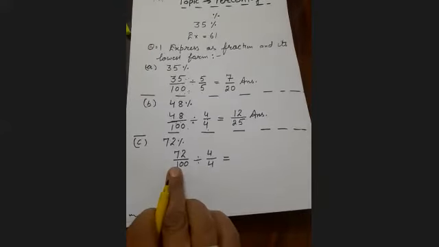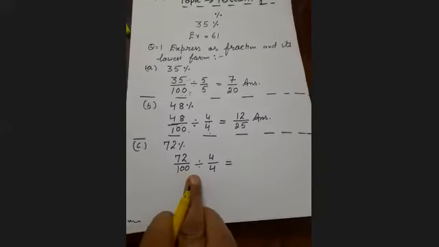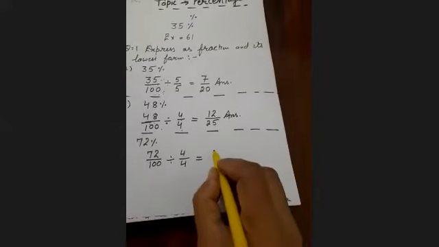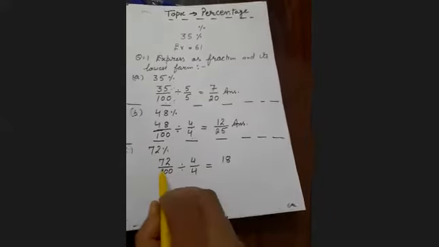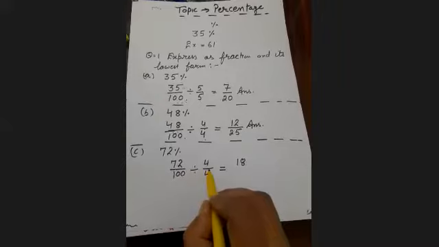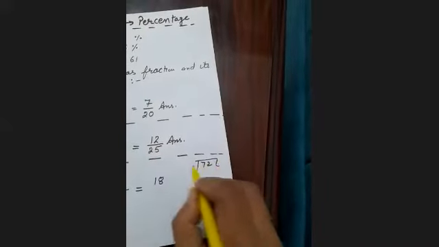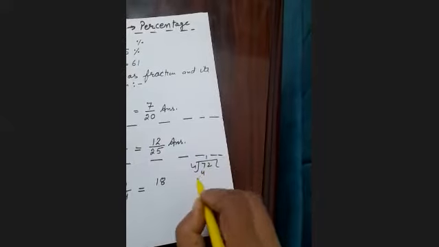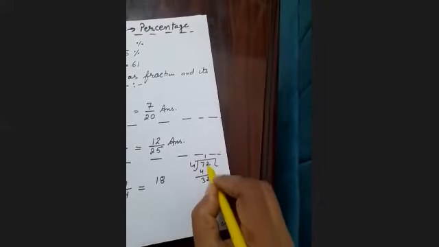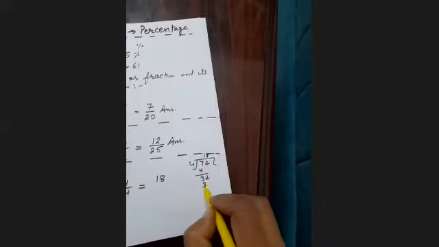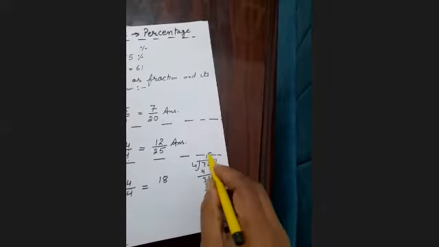Yes, friends, when we divide 72 by 4, we get 18. You can see the division on the rough side. 4 ones are 4, and 4 eights are 32. So we get 18.